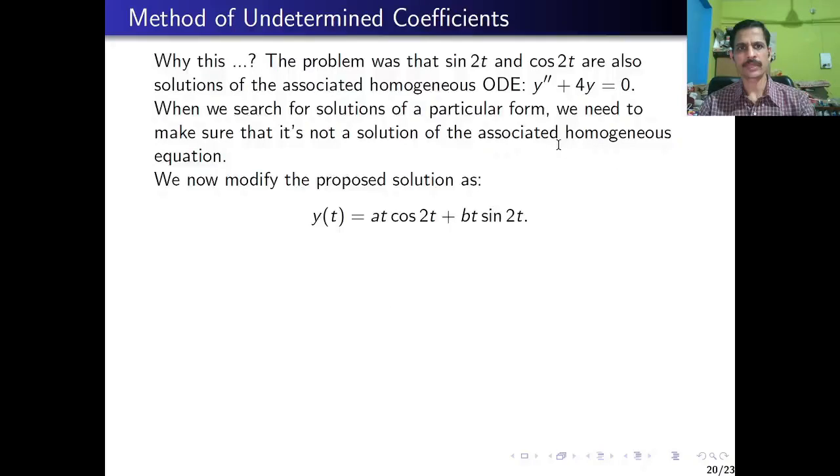So we modify the proposed solution by multiplying cos 2t by t, multiplying sin 2t by t and taking the linear combination.